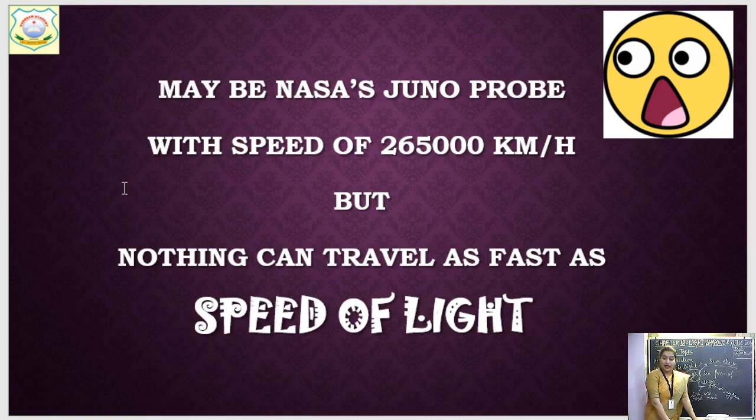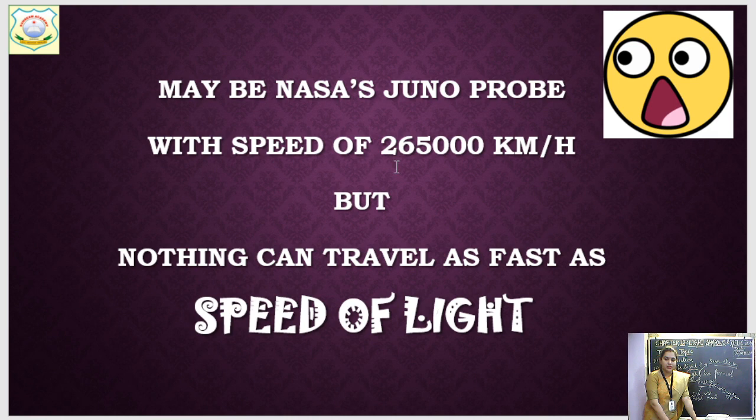See, the fastest moving thing that we know as a man, or that we have discovered, is the Juno probe. Okay, that is not important. Important thing is here, the Juno probe is a type of aircraft.